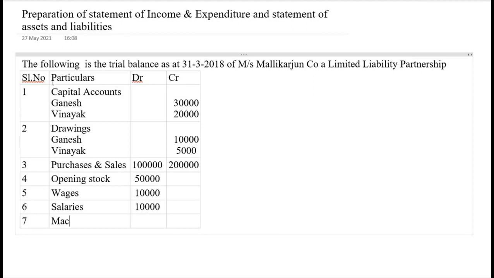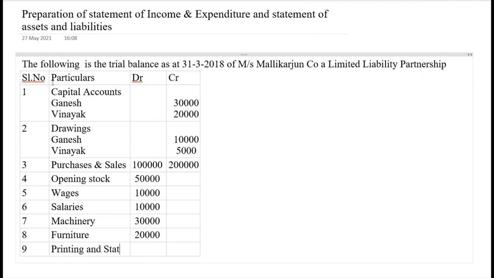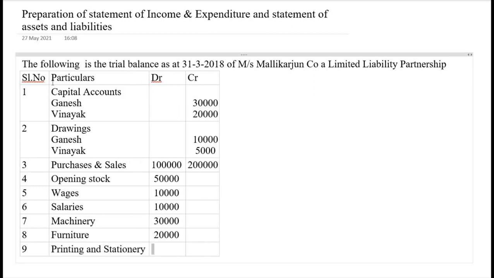Machinery, 30,000. Furniture, 20,000. Printing and stationery, which is given as rupees 5,000.